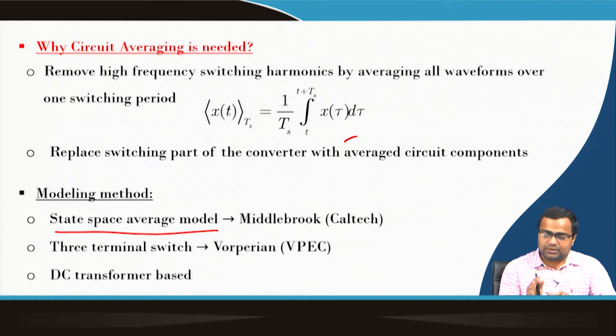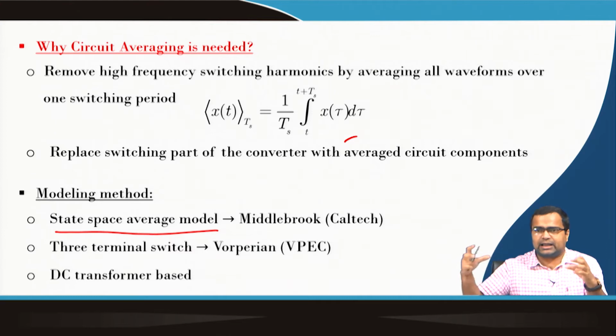And in this method, the average switch model, we will see it has a benefit, because if we incorporate some additional dynamic element, the switch model will remain the same, only the dynamic element will be added. So, the same approach, only the circuit has to be expanded with an additional element.